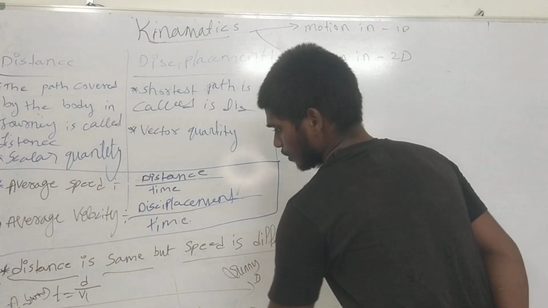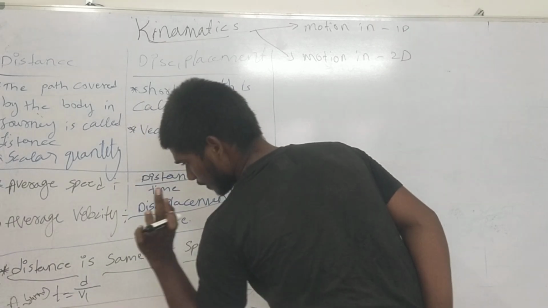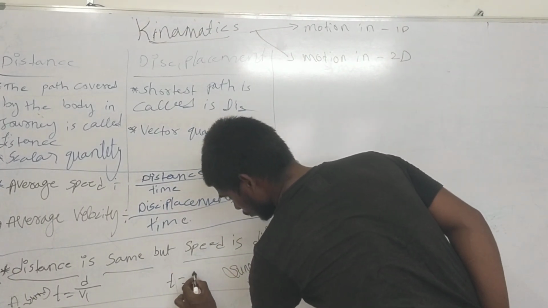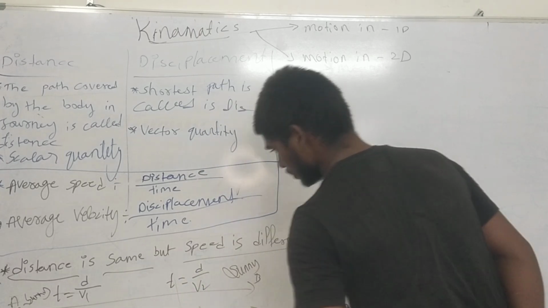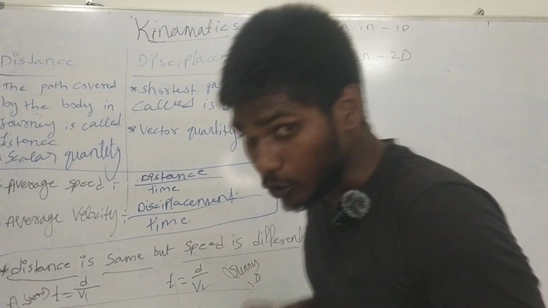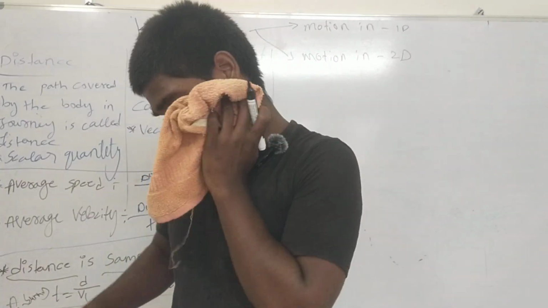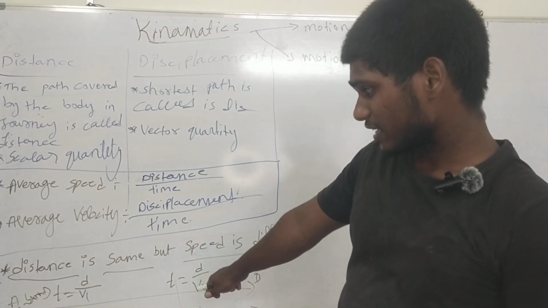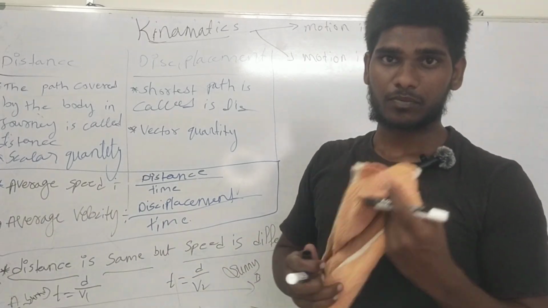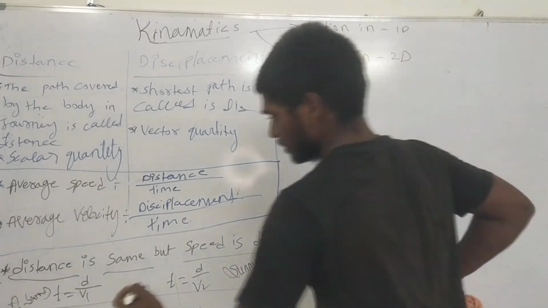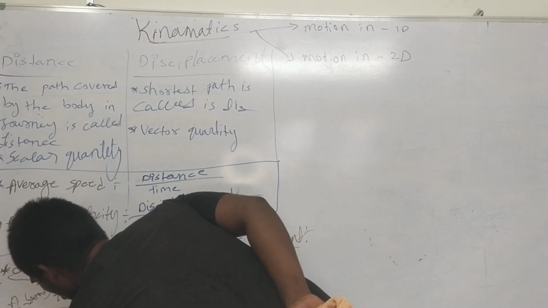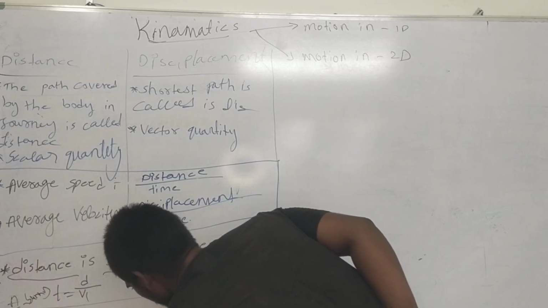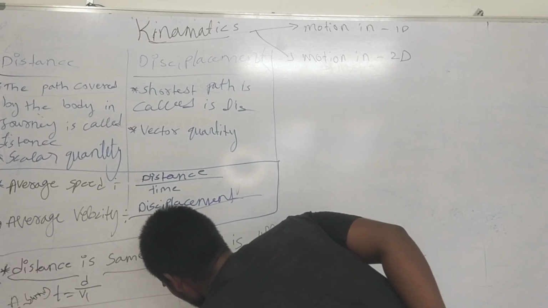For the first distance D, with velocity v1, t is equal to D by v1. For the remaining distance D, t is equal to D by v2. Now my question is, by giving this condition, what is the average speed of Sunny?